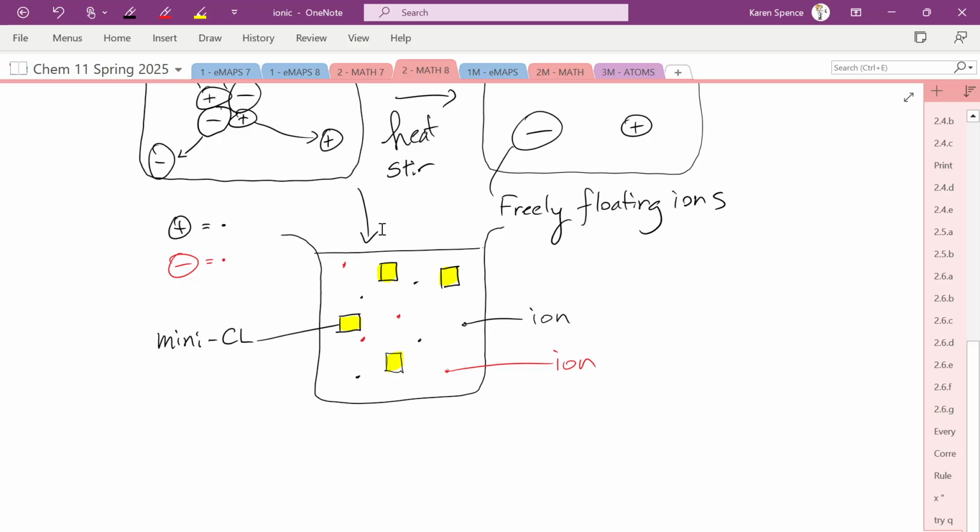Now, the filter paper has little holes in it. Here's the hole in the filter paper. What happens with the ions? They go right through because they're small enough. What happens to my little mini crystal lattices? They don't go through because they're too big to fit through the holes in the filter paper. So the ions are tiny.